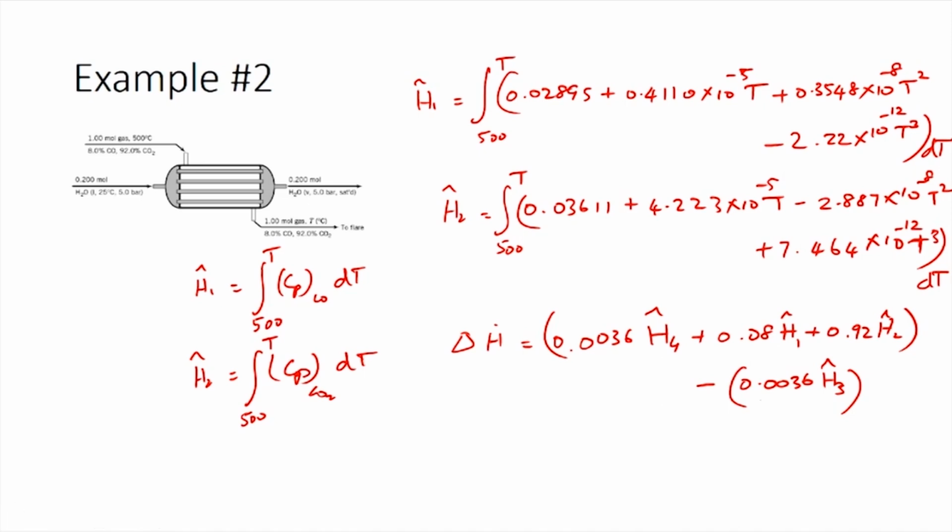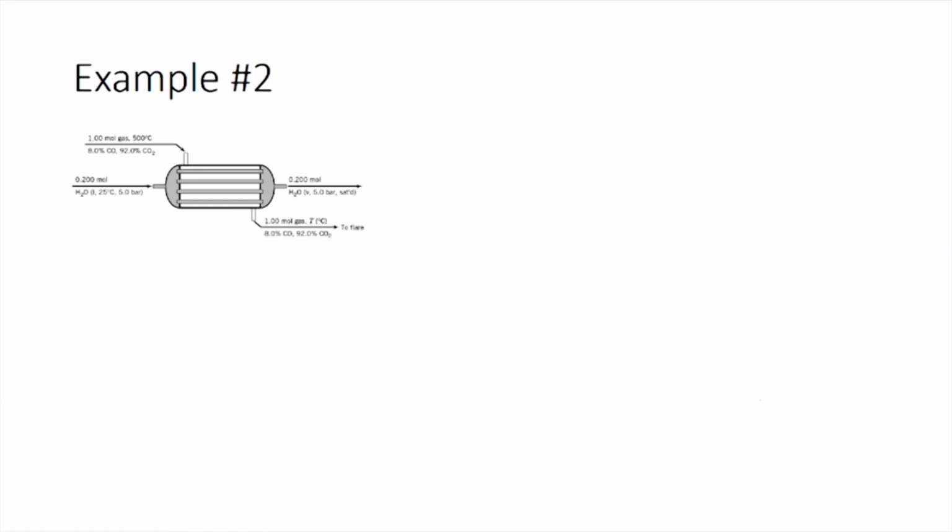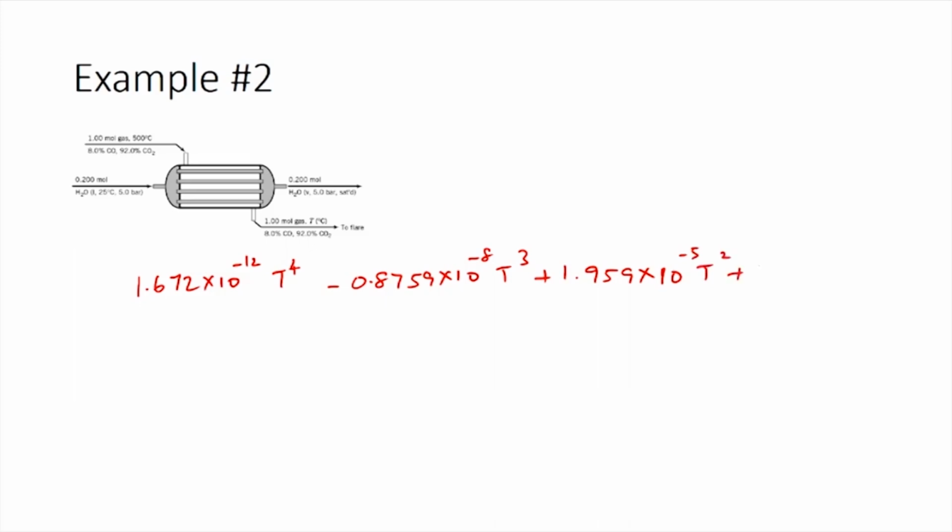With this equation we would end up with a fourth order polynomial of temperature, which would be 1.672 times 10 power minus 12 T power 4 minus 0.8759 times 10 power minus 8 T cube plus 1.959 times 10 power minus 5 T squared plus 0.03554 T minus 12.16 equals 0.